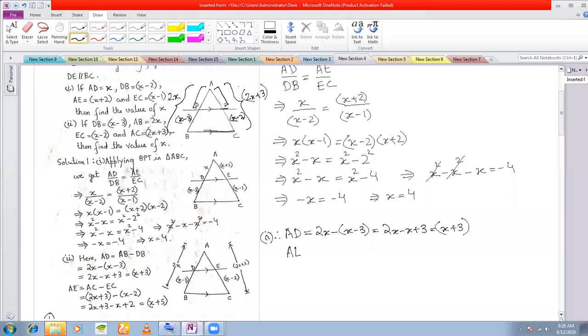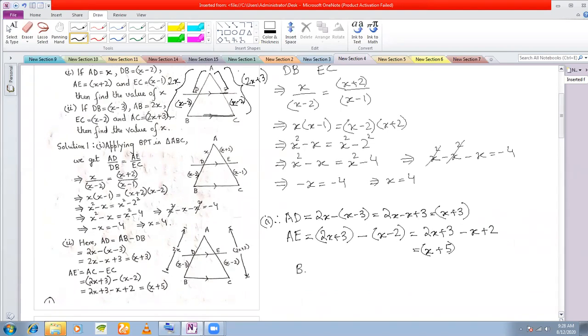AE is equal to 2X plus 3, which is the length of your AC, minus the length of your EC, which is X minus 2. 2X plus 3 minus X plus 2. So this is X plus 5.